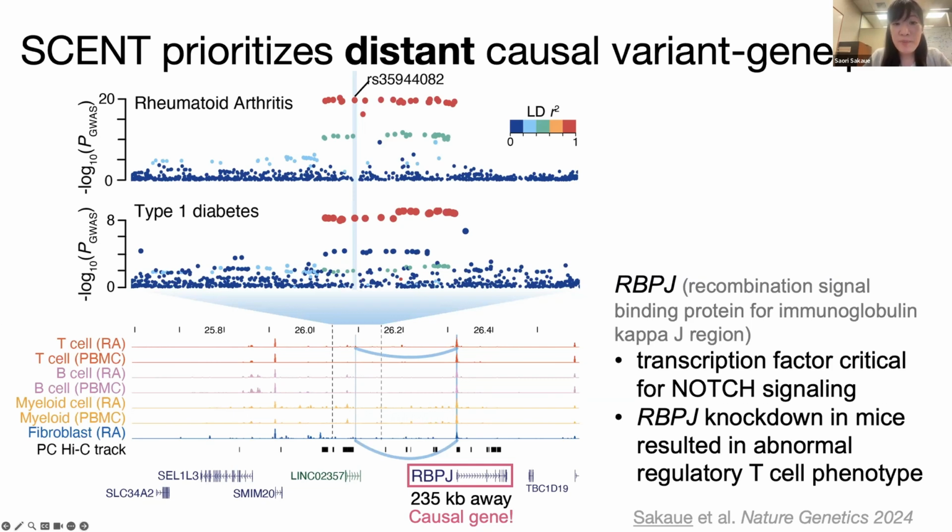And the wet lab RBPJ knockdown experiment in mice resulted in an abnormal regulatory T cell phenotype, making it a plausible causal gene for causing multiple autoimmune diseases. And this gene is relatively far away, 200 kb away. If you use the conventional approach of just taking the closest gene, we may have misunderstood this locus by linking this variant to the other genes.